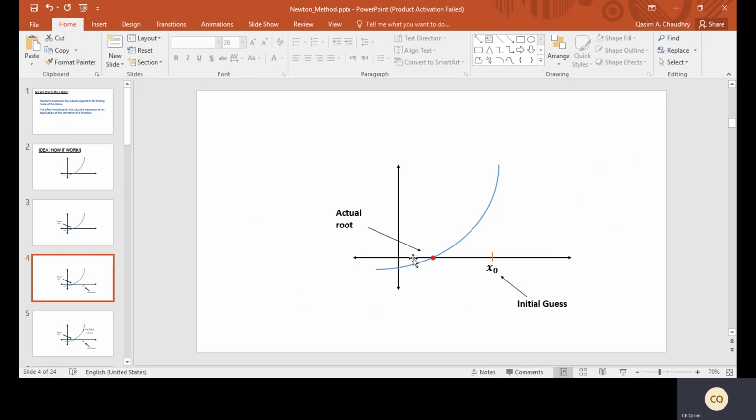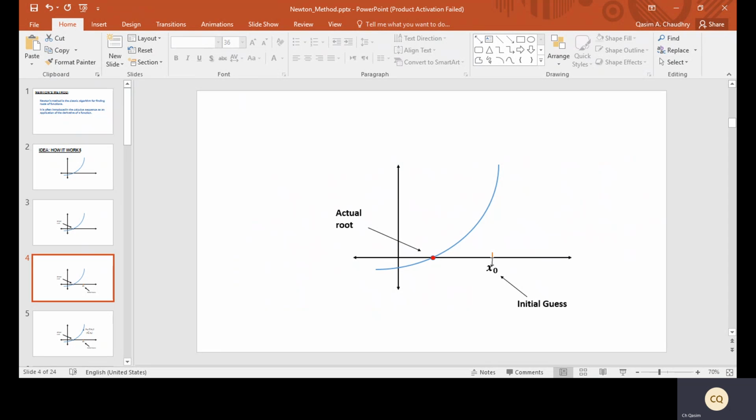The first step is that you choose any initial guess, any point on the x-axis. Say this is your x naught. This is your initial guess. You simply feel that this is your approximate root.